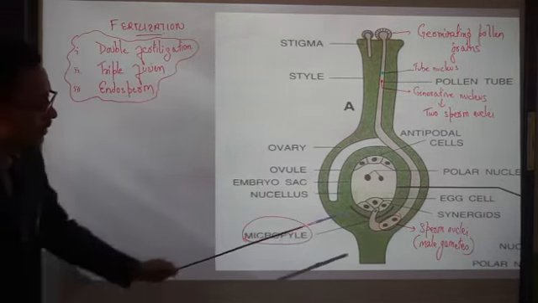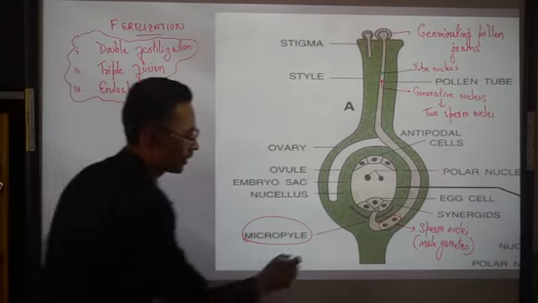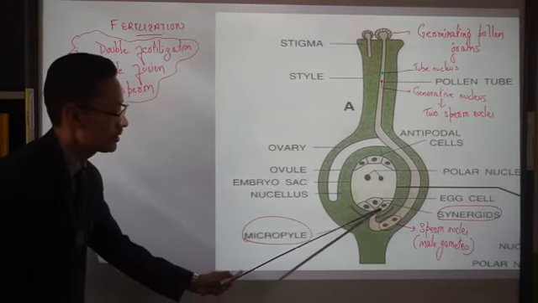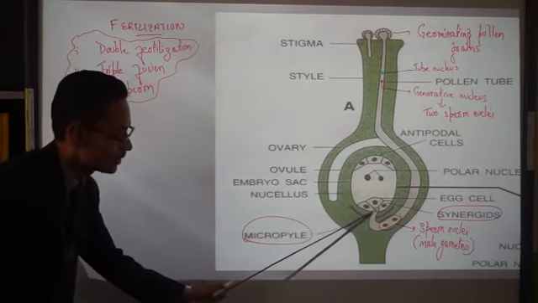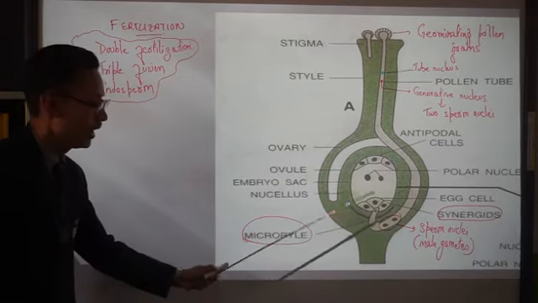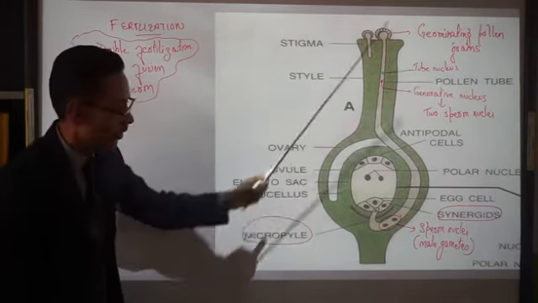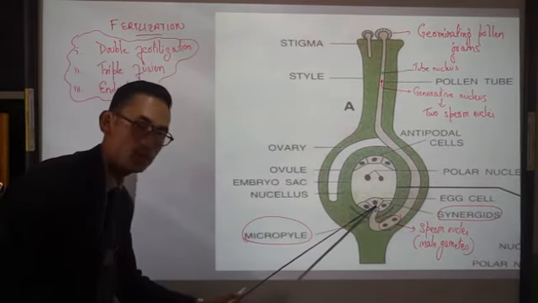Through the micropyle, the pollen tube enters the embryo sac, and for that, the synergids, the 2 cells at the micropylar end, help in guiding the pollen tube inside the embryo sac. Clear? After that, the tube nucleus will degenerate. Only the 2 sperm nuclei will be present inside the embryo sac.